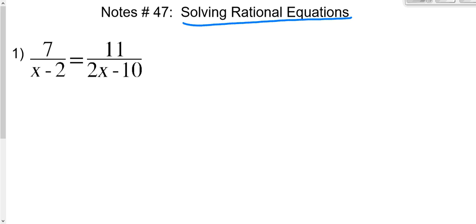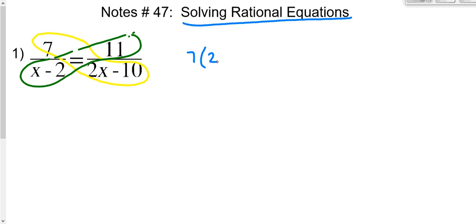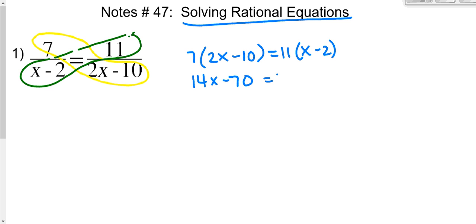So what we're going to do is multiply the numbers on one diagonal, or the expressions, shall I say, and set that equal to the product of the expressions on the other diagonal. So we get 7 times the quantity 2x minus 10 is equal to 11 times the quantity x minus 2. Now we can distribute the 7, 14x minus 70, and distribute the 11, 11x minus 22.